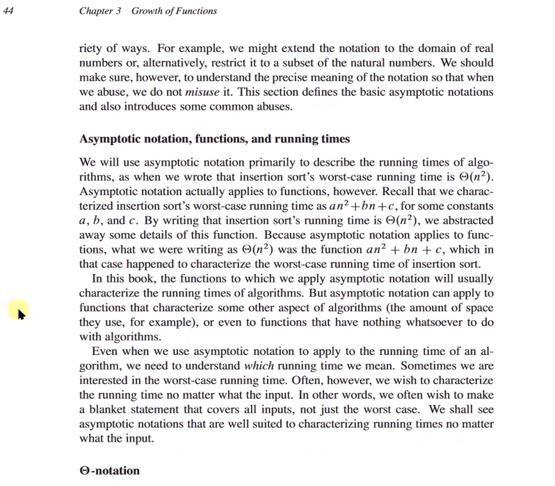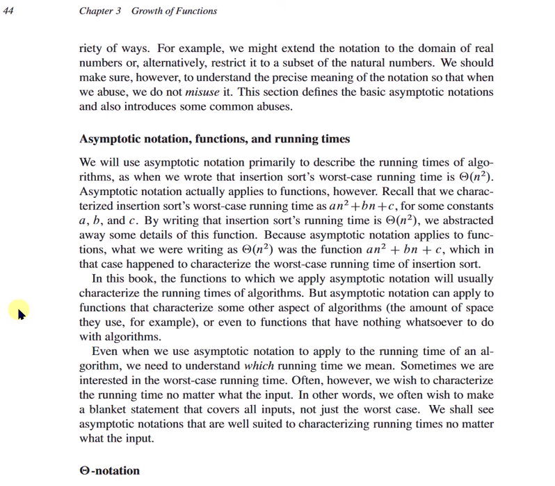In this book, the functions to which we apply asymptotic notation will usually characterize the running times of algorithms, but asymptotic notation can apply to functions that characterize some other aspect of algorithms, the amount of space they use, for example, or even to functions that have nothing whatsoever to do with algorithms. Even when we use asymptotic notation to apply to the running time of an algorithm, we need to understand which running time we mean. Sometimes we are interested in the worst-case running time.